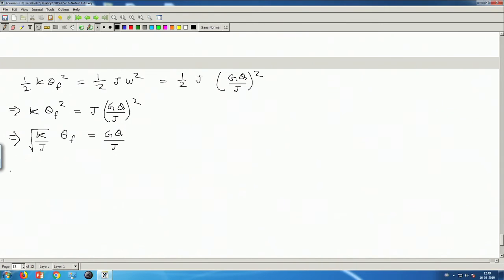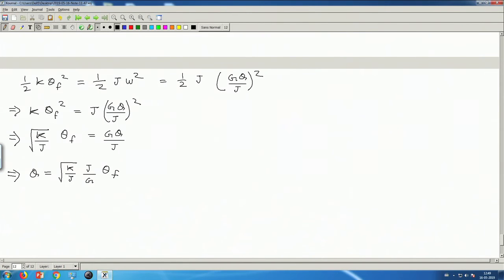Okay, it seems correct. If so, then we can write Q is equal to root K by J multiplied by J divided by G and theta f.